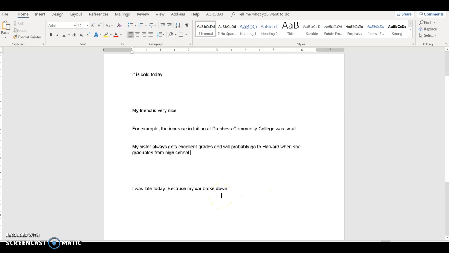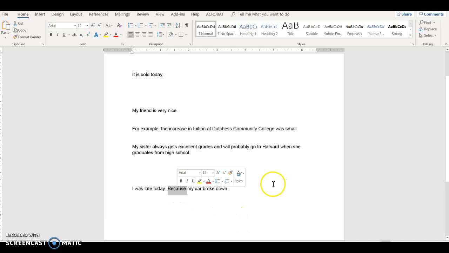Another example of a sentence fragment is a sentence fragment that begins with a subordinator. This is probably one of the most common mistakes that students make with subordinators: putting a subordinator at the front of a clause with a subject and a verb, and then ending that clause with a period and not connecting it to anything else.